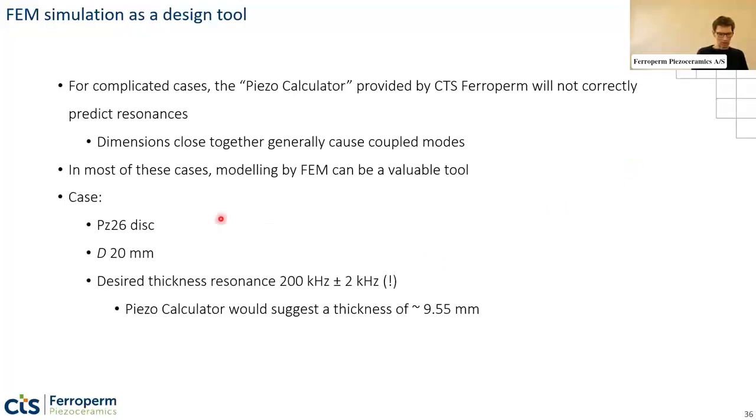The case here is a PZ26 hard PZT material, a disc with a diameter of 20 millimeter. The customer would like to have a very precise resonance frequency in the thickness mode of 200 kilohertz. So if you use a simple calculator, you probably expect you should make it at a thickness of 9.55 millimeter.